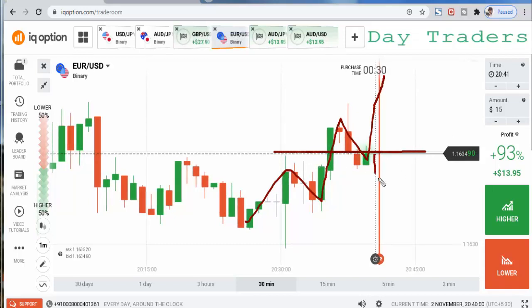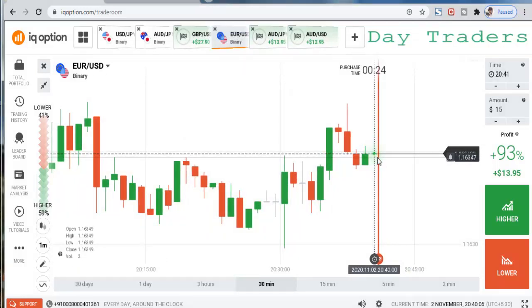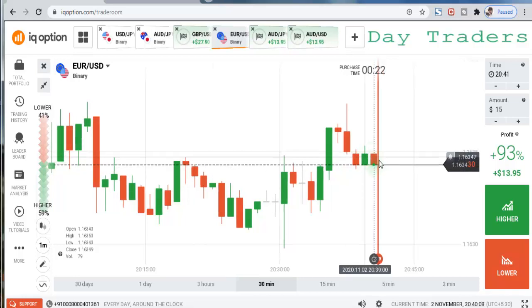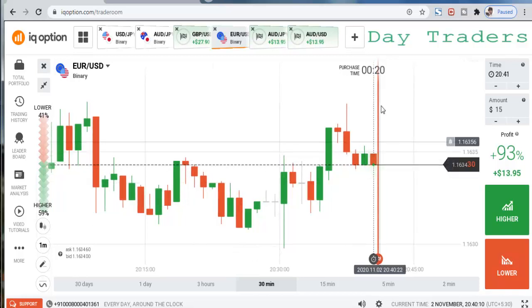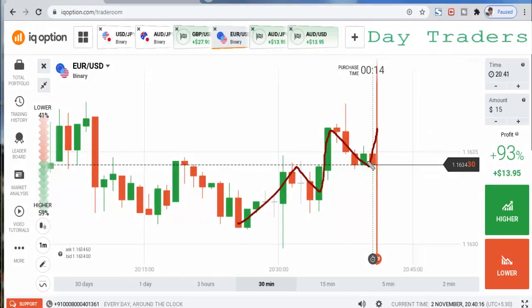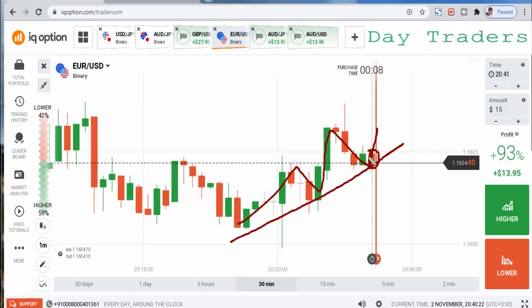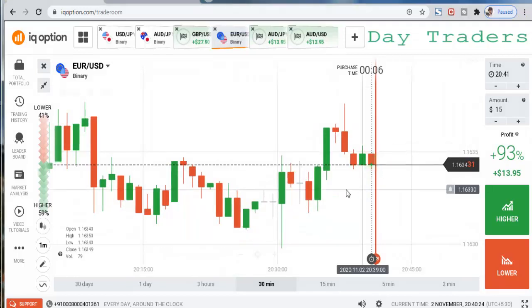Sometimes it's going to make a bearish candle, so I am not placing a trade. You can see actually it continues the market, this type of situation. This is the upper level. Again it makes a bearish candle.